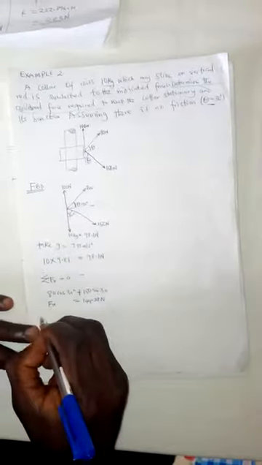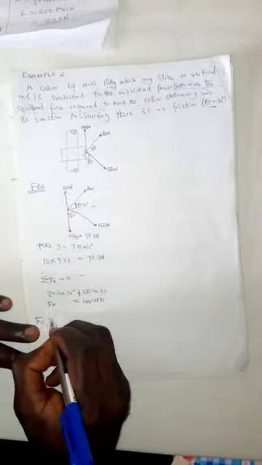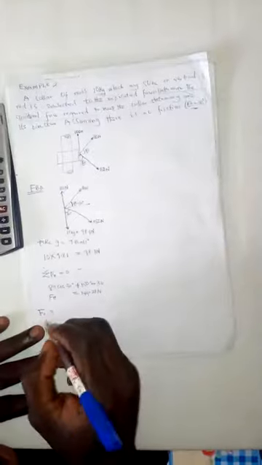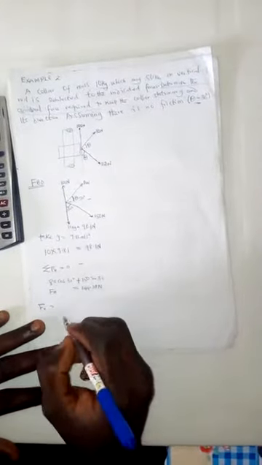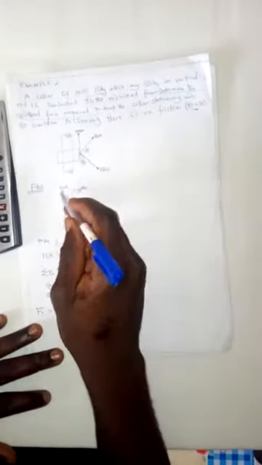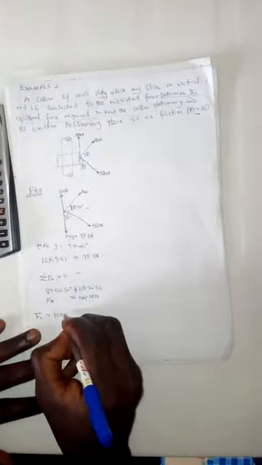Now we get the vertical component. We're talking about the vertical forces. As the case may be, we have this 100 Newton which is acting directly.